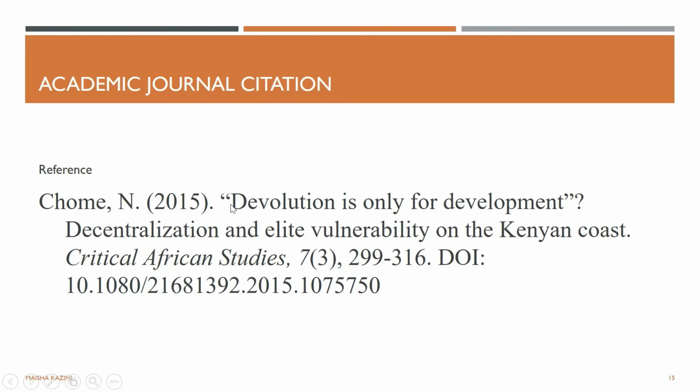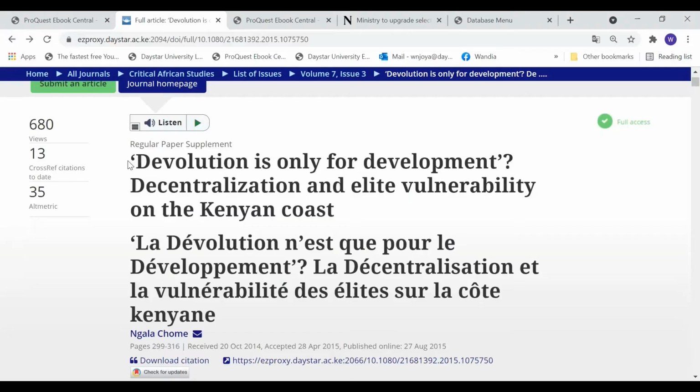And then you'll notice here that I have put quotation marks for this phrase. The reason we have done this is because it exists like this in the title itself. If we go back to the original title, we can see that he has put quotation marks here. The reason he has done this is because these are not his words.